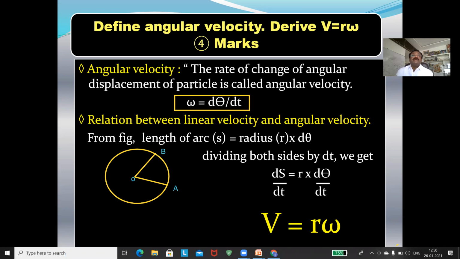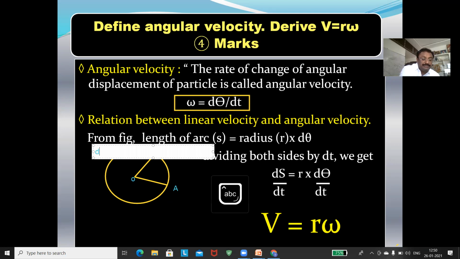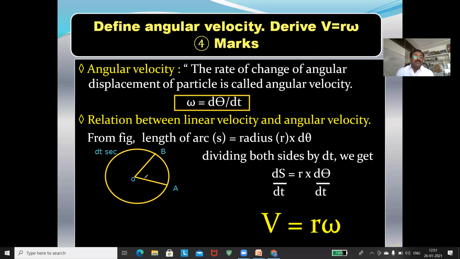So during this time, dt seconds, the particle makes an angle at the center, let us say d theta.